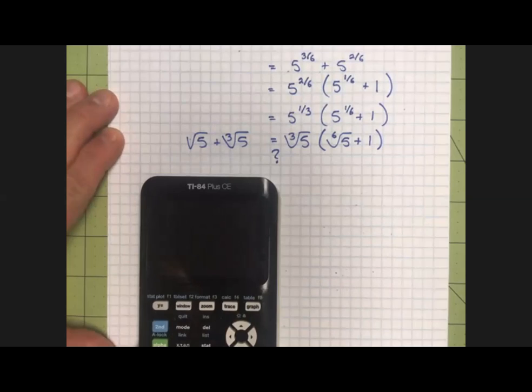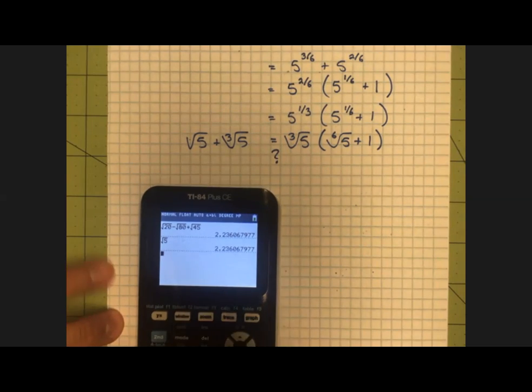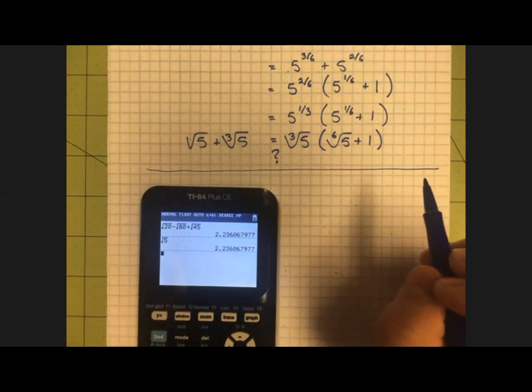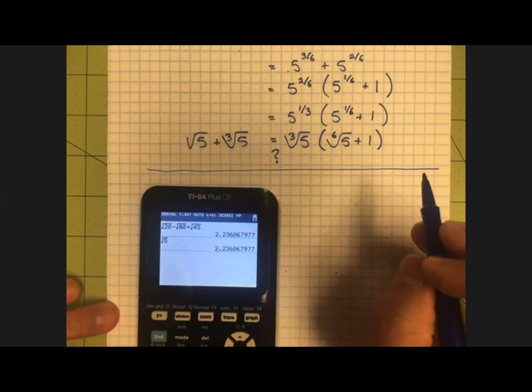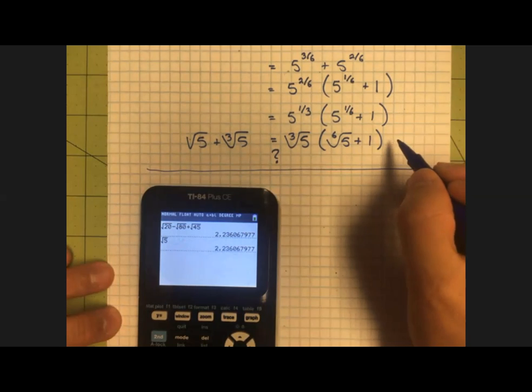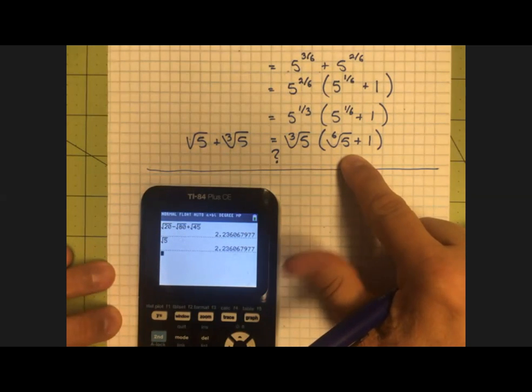But since 5 to the 3/6 and 5 to the 2/6 have the same bases, wouldn't you just be able to add them as 5 to the 5/6? No, okay, so you're anticipating the next example I'm doing. I cannot add across powers, and I'll show you that in a second. So first, let's decide if this is true.